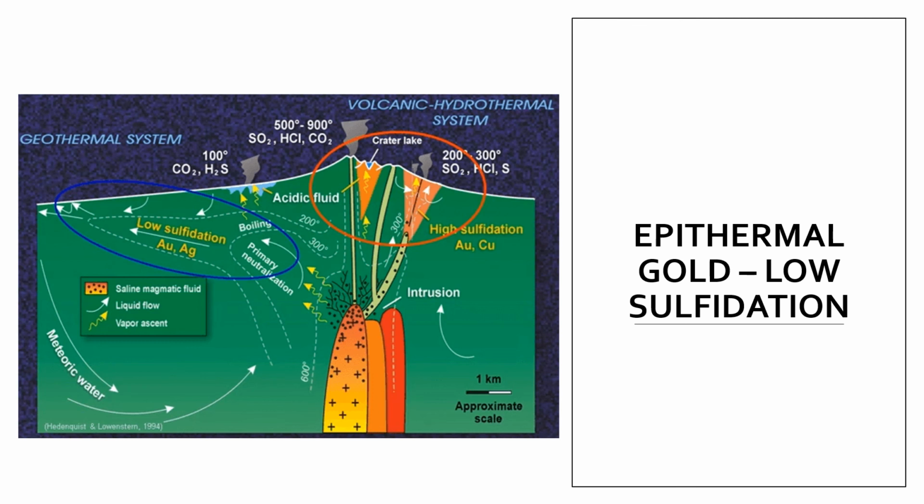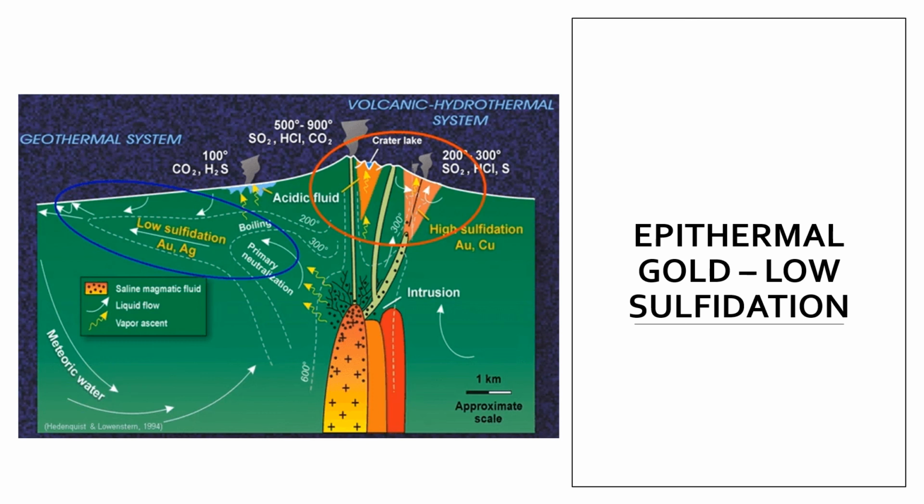All right. Low sulfidation gold is epithermal gold in a low sulfidation area, when your acidic fluids are able to travel far. So they involve low temperatures, and most of the sulfides have deposited elsewhere.